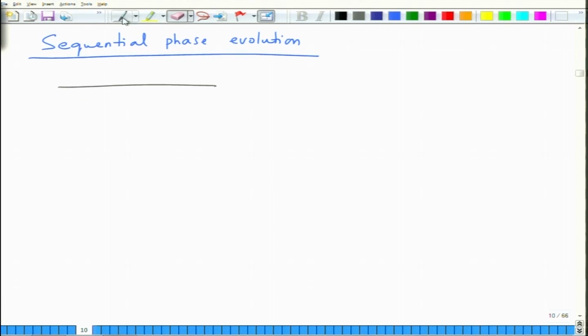So, for a given composition, let us say at a temperature T1, you have a section like this. Of course, we are not going to go for composition, we are just going to go for the sections.